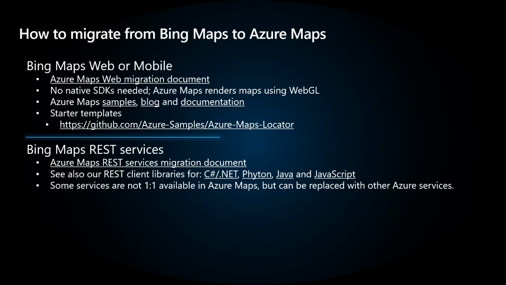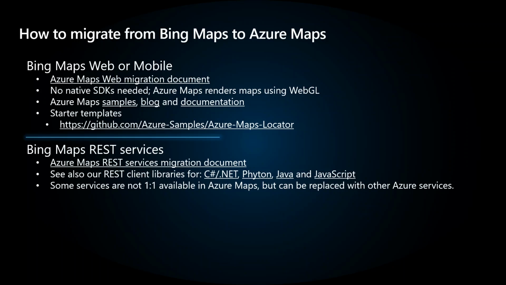There are no native SDKs available for Azure Maps, but there is also no need for that because we are using WebGL, which is fast enough for all kinds of end user scenarios. We also have a sample website where you can find about 300 different samples, including the source code, for all kinds of scenarios from Azure Maps.